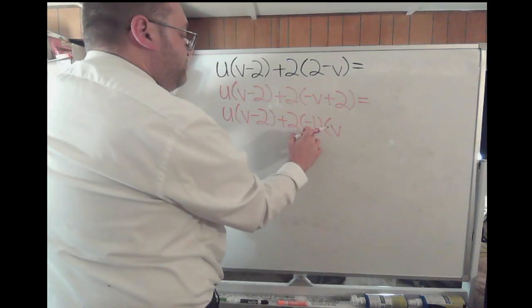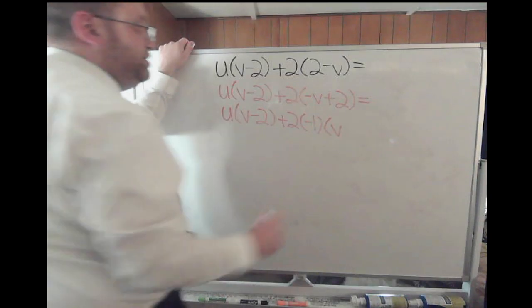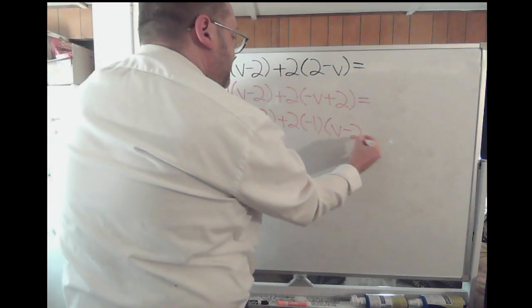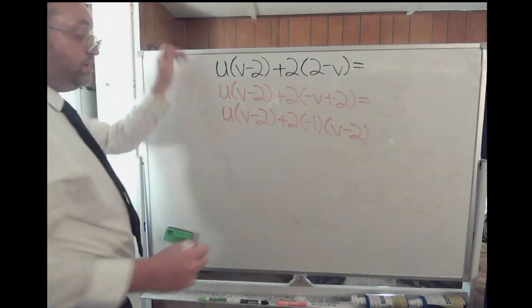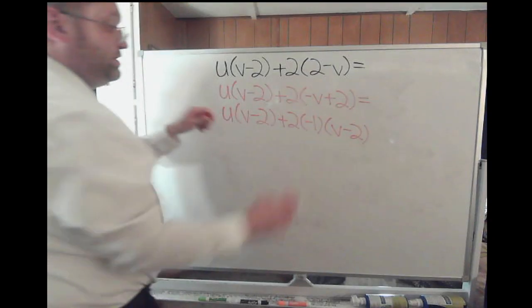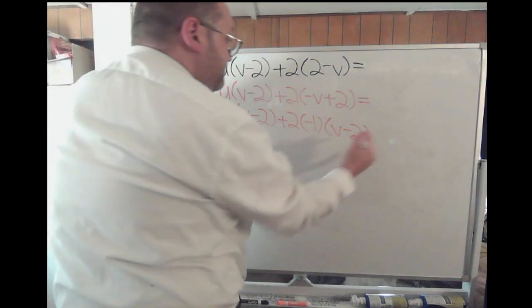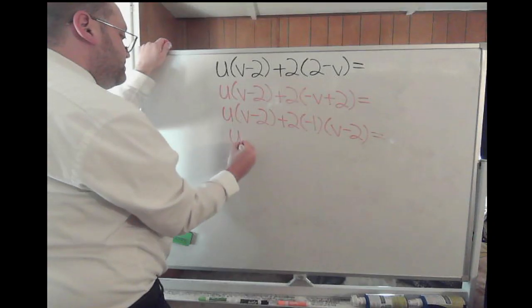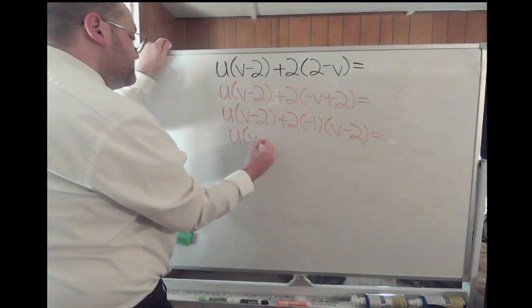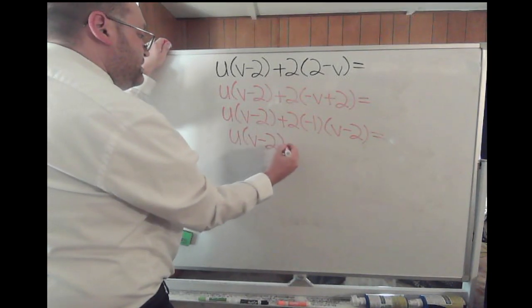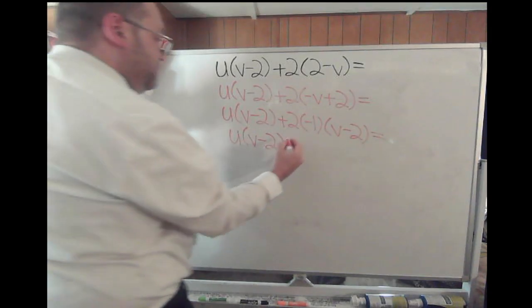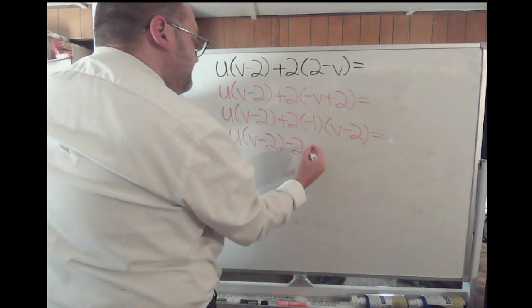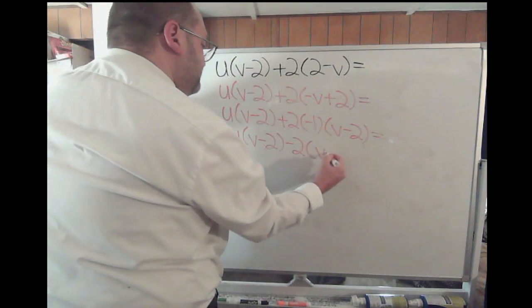Plus you have negative 1 times what equals positive 2? Well, that'd be negative 2. So now all of a sudden we got two common factors since you factored out a negative 1. Before we factor completely, let's do u times the quantity of v minus 2. Then we have 2 times negative 1. That'd be minus 2 times the quantity of v minus 2.